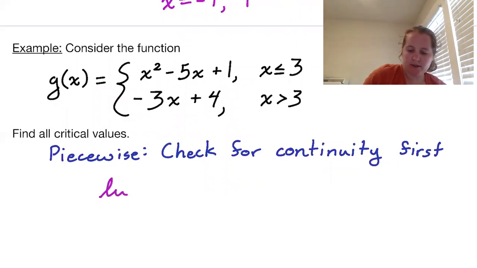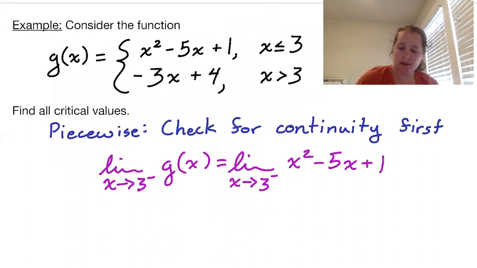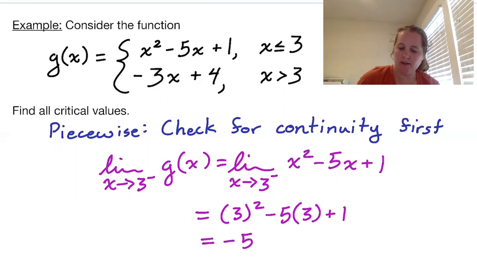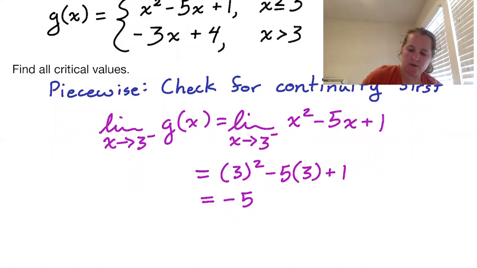So let's do the limit as x approaches 3 from the left of g of x, which is the limit as x approaches 3 from the left of x squared minus 5x plus 1. We can plug 3 in. We have 3 squared minus 5 times 3 plus 1, or negative 5, and this is also equal to g of 3.